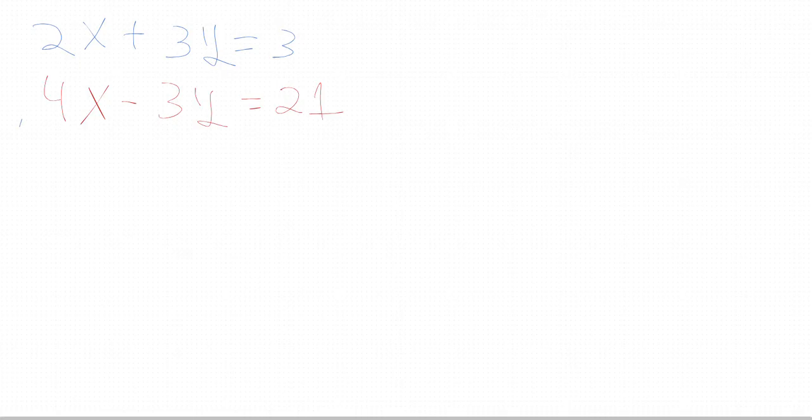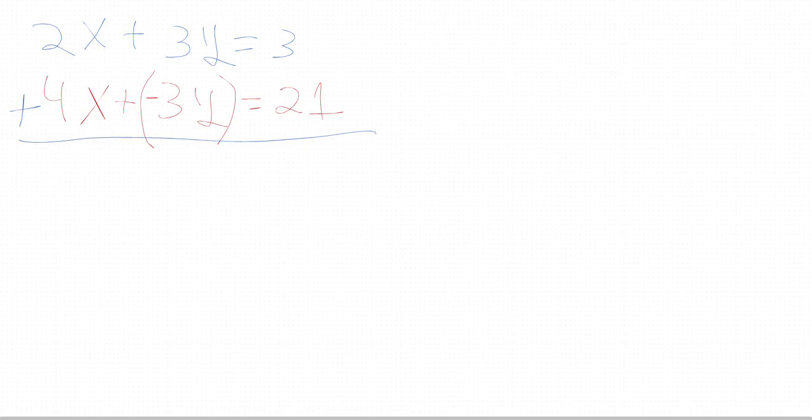What we're going to do is we're going to add these two expressions together. And that's going to mean we're adding a negative 3y.